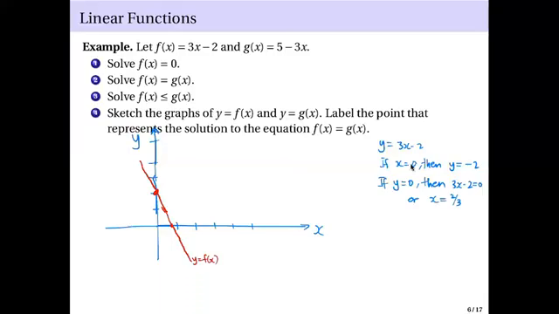Sir, why did you put the y equals +2 and not -2? You are right. My apologies. It should be y equals -2, so it must be somewhere here below. Let me change that. So erase, erase.